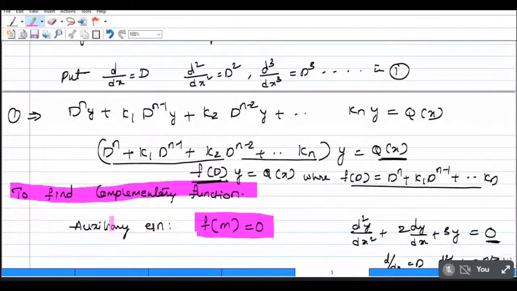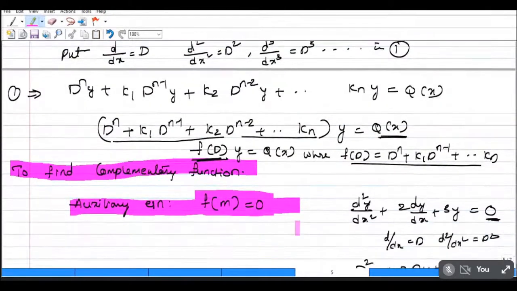To find the complementary function, the auxiliary equation is f of m equal to 0.